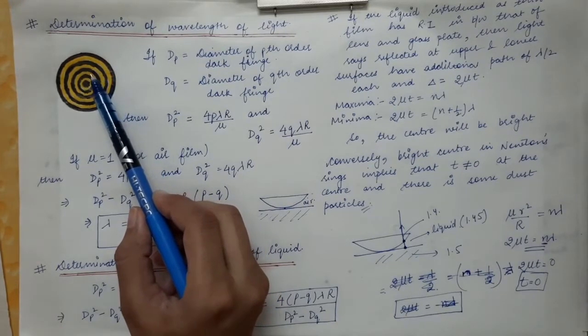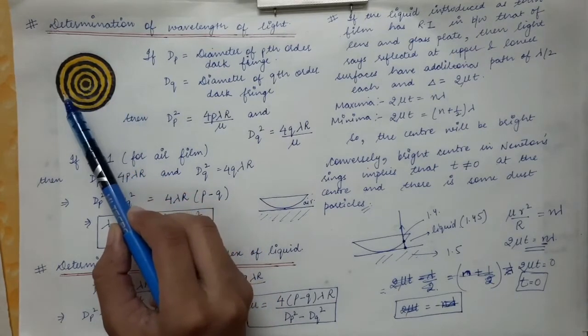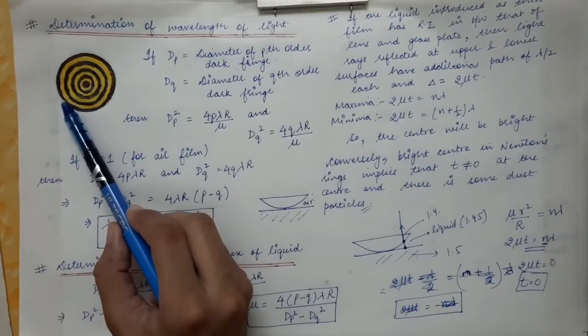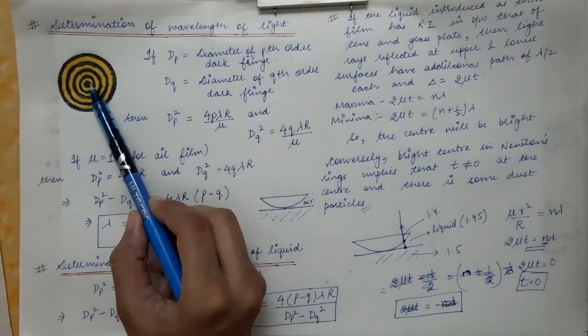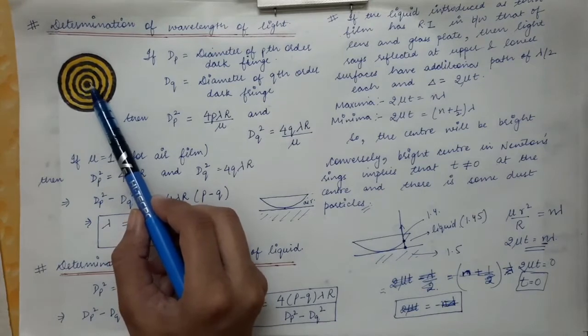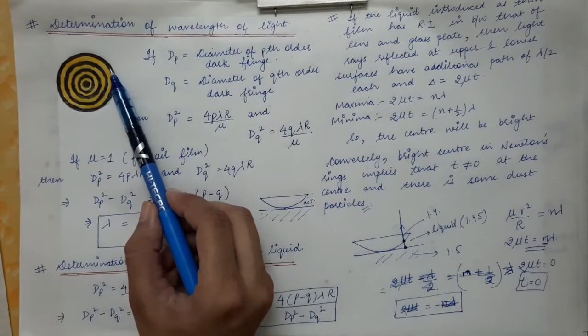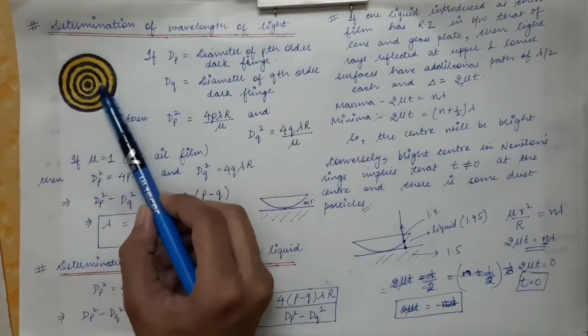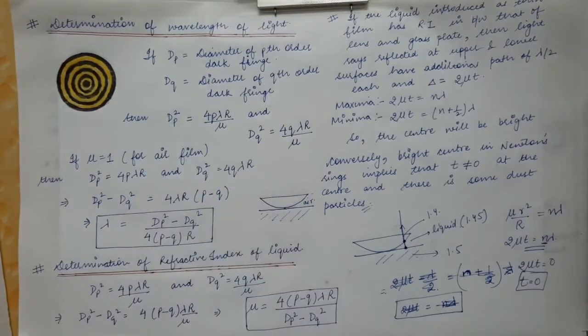The scale attached to the microscope also moves, so you get a final position. Then you subtract the two positions, and you get the diameter of the circular fringe.